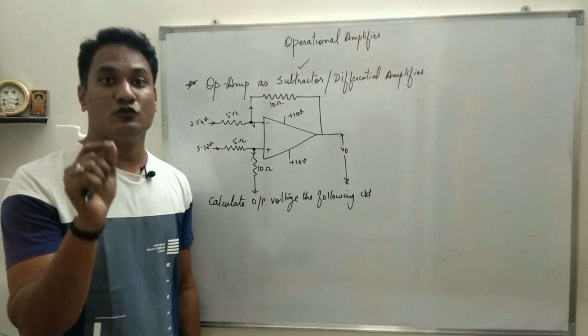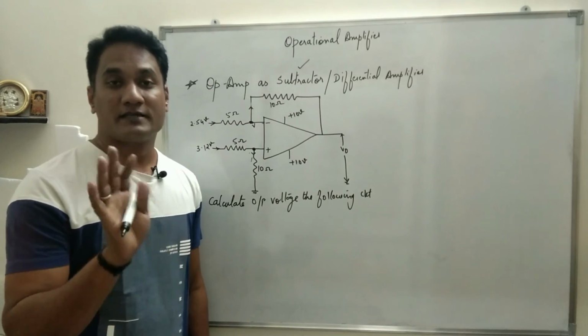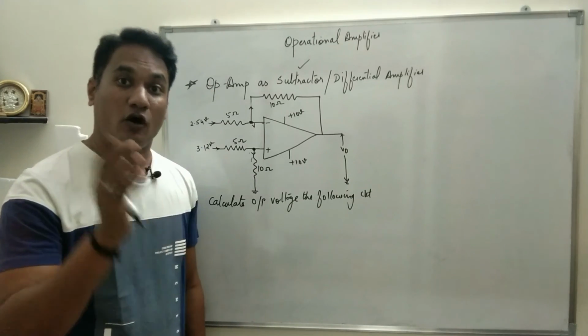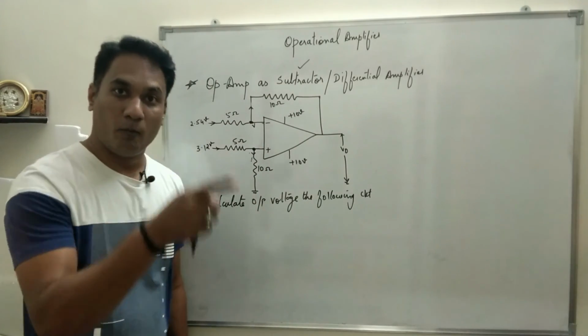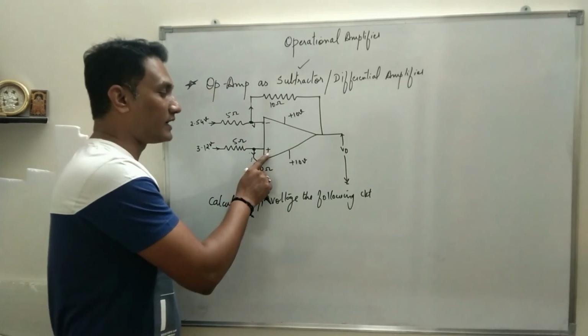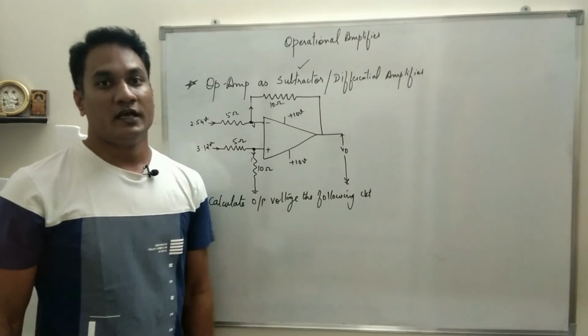So whenever you use op amp as subtractor, the difference will always be non-inverting minus inverting. This has to be remembered always.